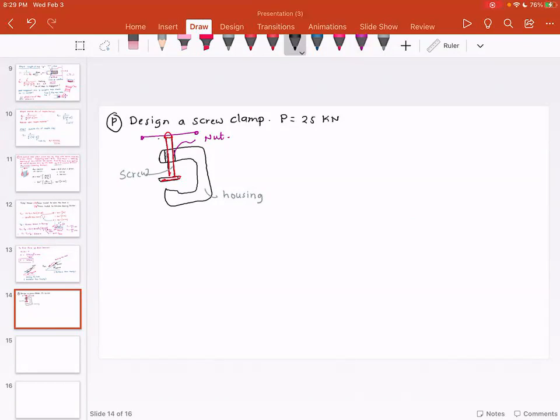So in this problem, we have to find the diameter of the screw and the height of nut. So the important dimensions are, we need to find out this diameter of the screw, and the height of nut is this.